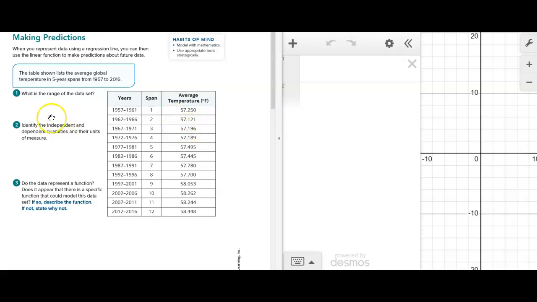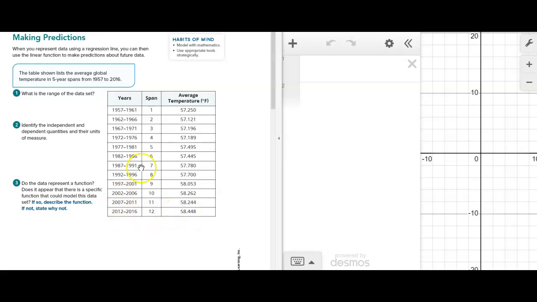So for this first question, you're asked to identify the range of the data set, and the range is the highest value minus the lowest value. So to calculate that, you'll need to find the highest value in the data set. If you look at these values, this one is the highest, span 12.